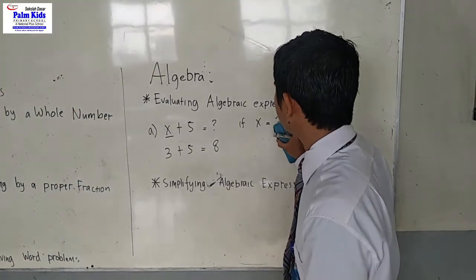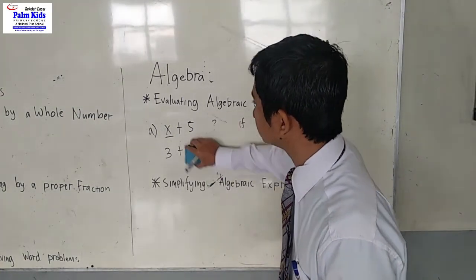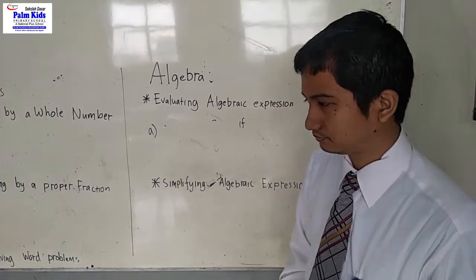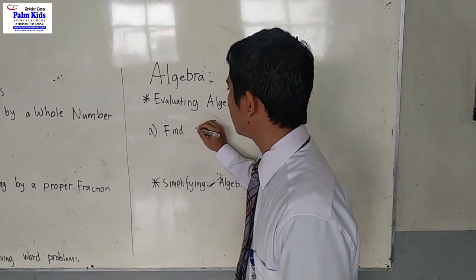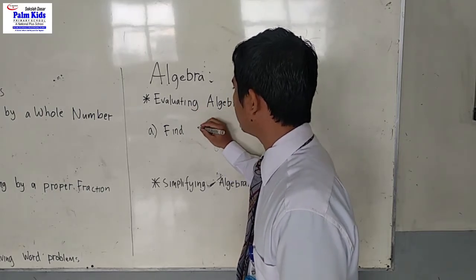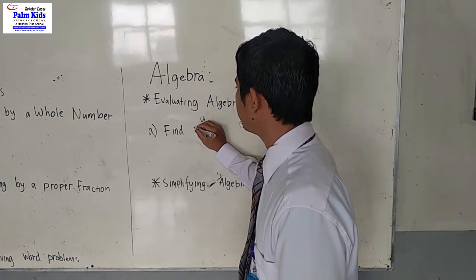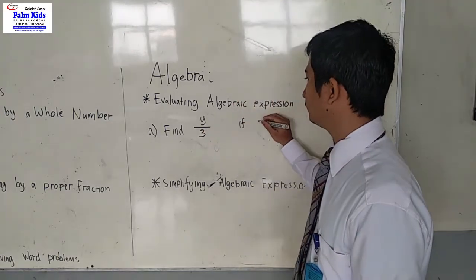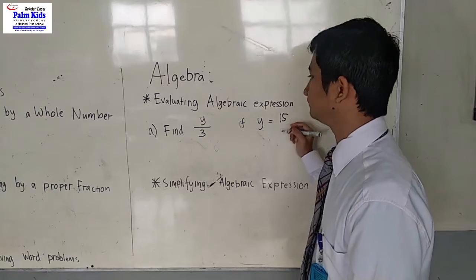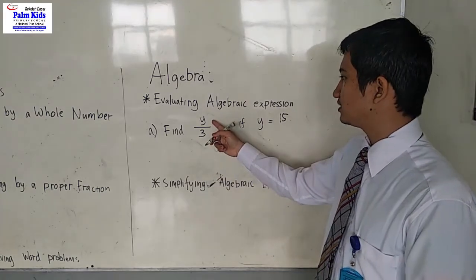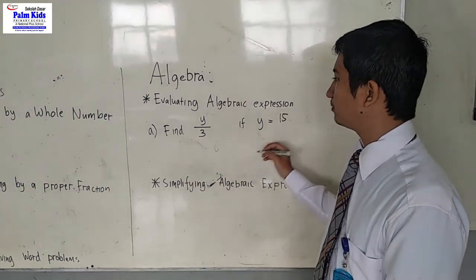Now let's go to the second example. Find y/3 if y = 15. Now you just need to change the letter y with the number 15.